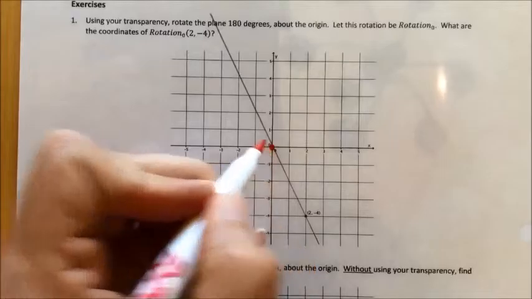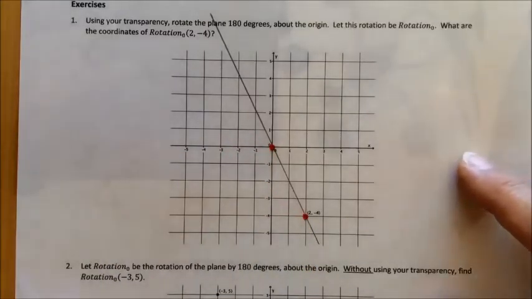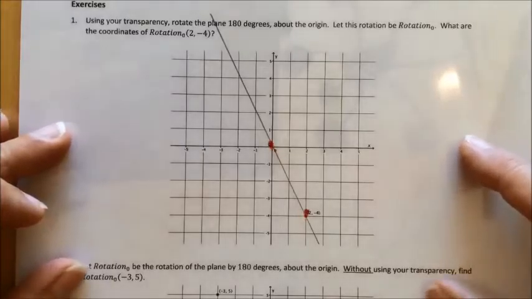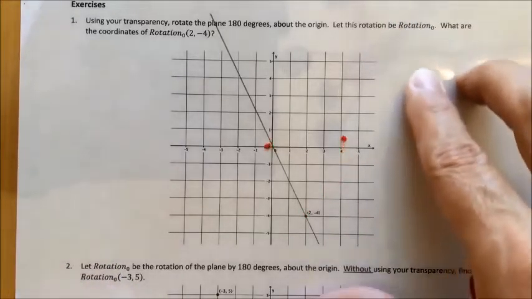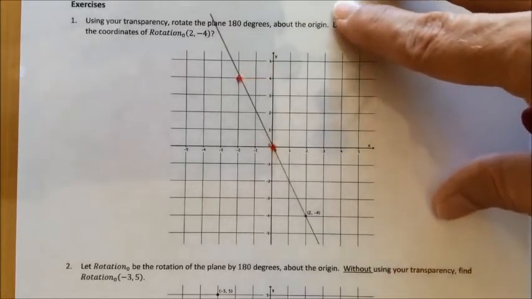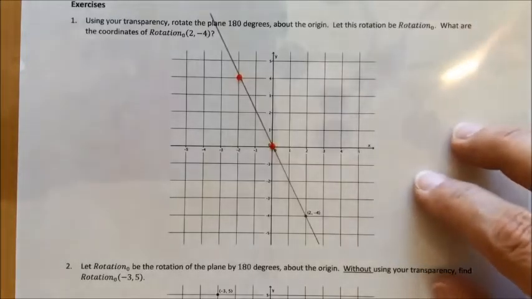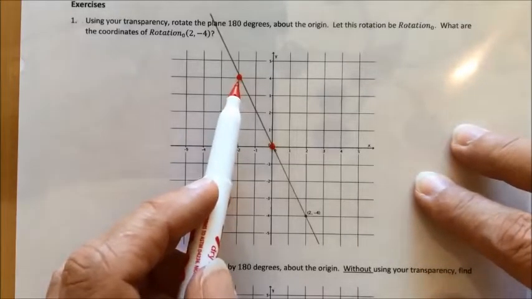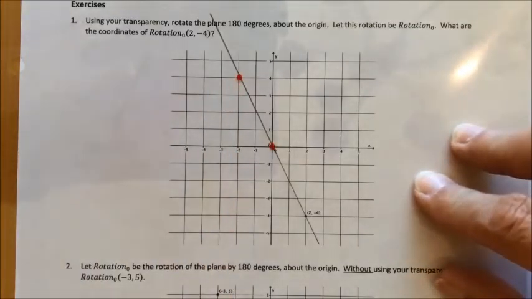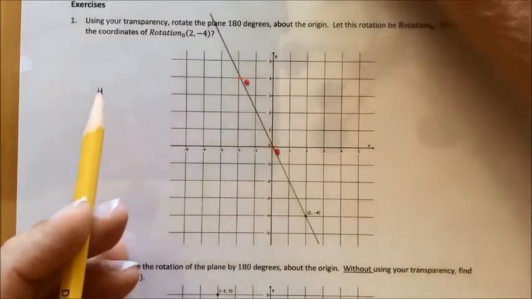So I'm going to mark, I use my overhead on this one, mark my center of rotation and mark the point 2, -4. I'm going to rotate 180 degrees until that point matches up to the line. And when I get there, I know I've rotated 180 degrees. So the coordinates of my new point are the coordinates of this point, which would be -2, +4.